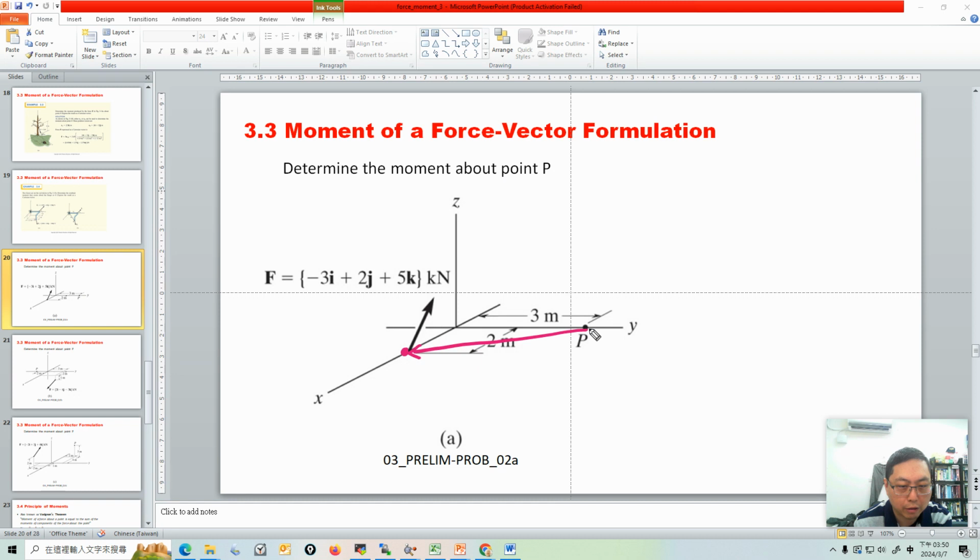Here is your position vector R, and you know the coordinates here and here, so you will get a position vector.